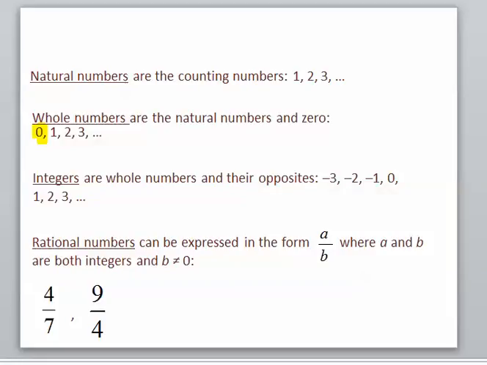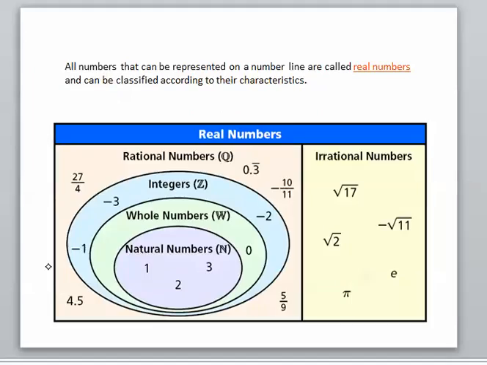The last subgroup there is the rational numbers, and rational numbers can be expressed in fraction form. Those fractions could be repeating decimals or terminating decimals, meaning they end. So all of these things are rational numbers: repeating decimals, fractions, terminating decimals, decimals that end.